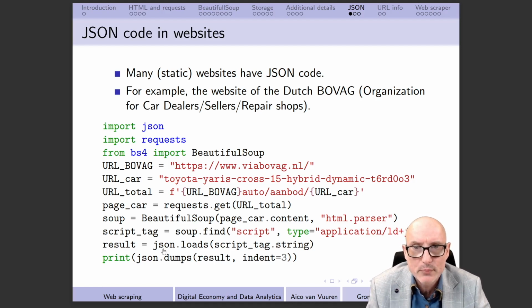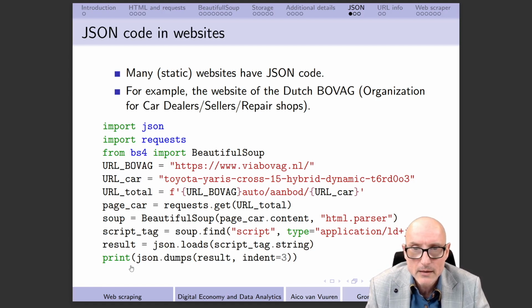We are going to do that by using the function json.loads, and then we simply are going to get the string of this script tag that we have over here. So we're going to get the script tag and then dot string in order to get the string of this script tag, and then we are going to put that as an argument into this json.loads function, and then this is now going to be a Python dictionary that is going to get the same kind of information as the JSON script that we originally had.